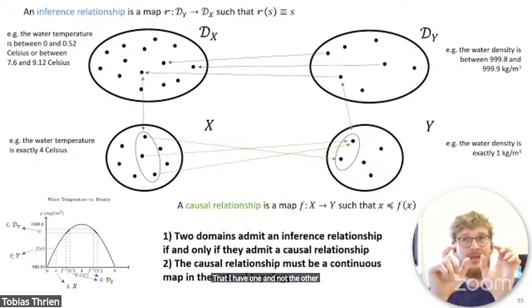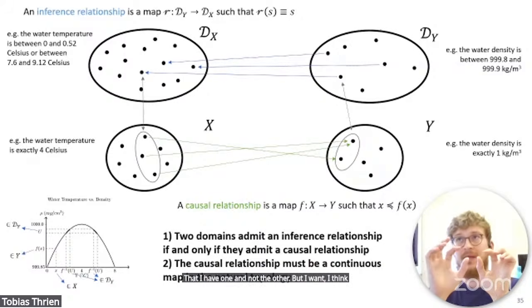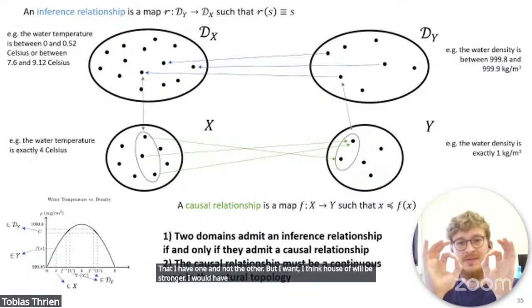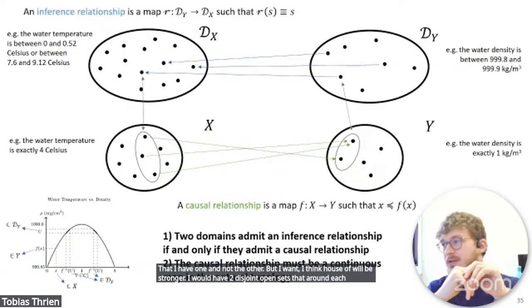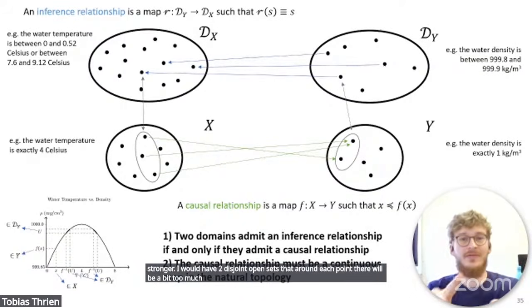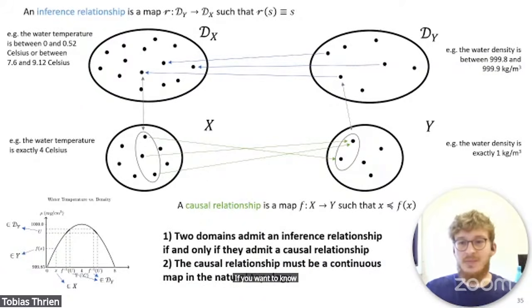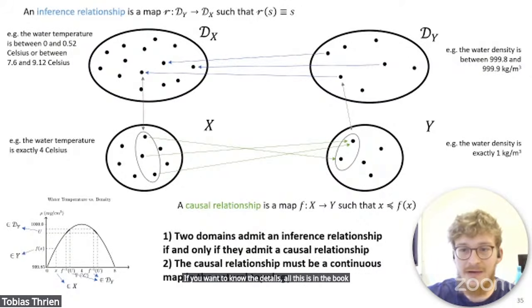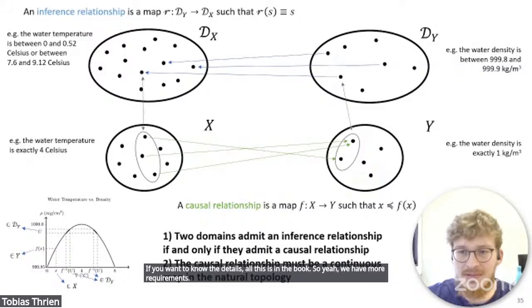But Hausdorff would be stronger: I would have two disjoint open sets around each point. That would be a bit too much. If you want to know the details, all of this is in the book. So yeah, we have more requirements. And it's T0, it's not Hausdorff.